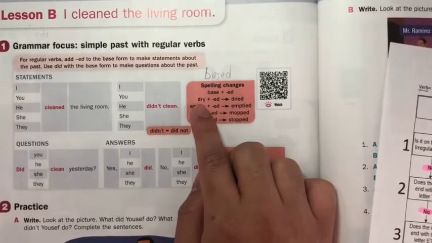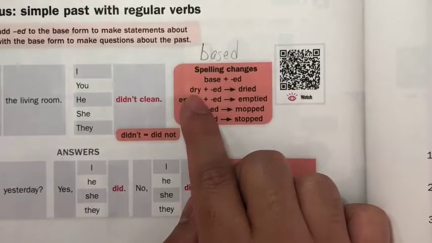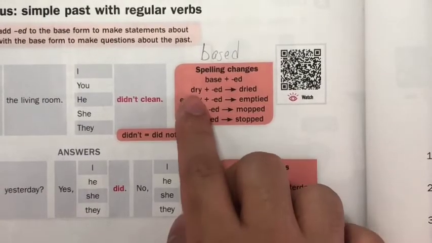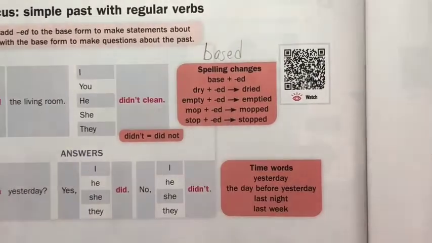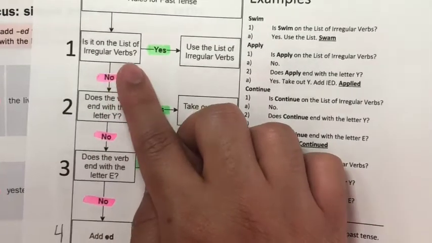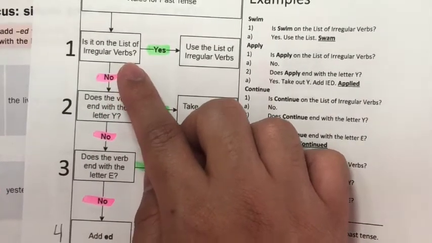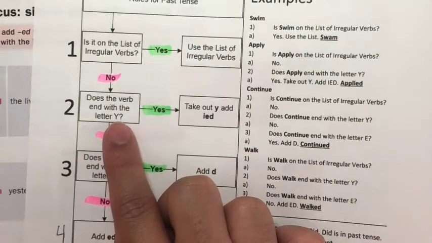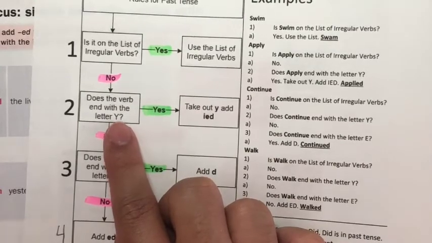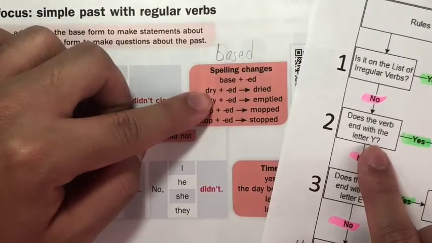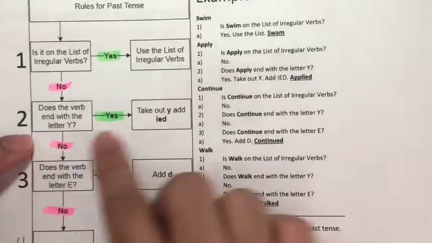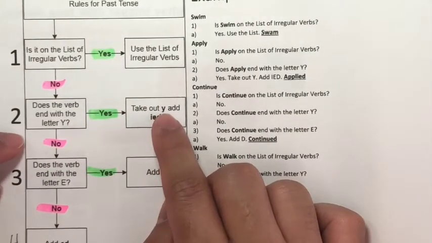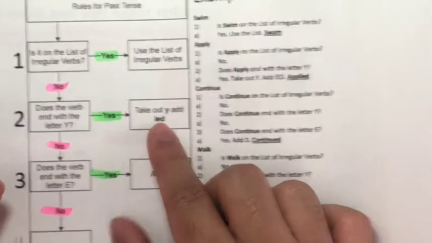Dry. So after you wash your dishes, you have to dry them. D-R-Y, dry. 1, is dry irregular? No. 2, does dry end with the letter Y? Yes. So you replace the letter Y with IED.